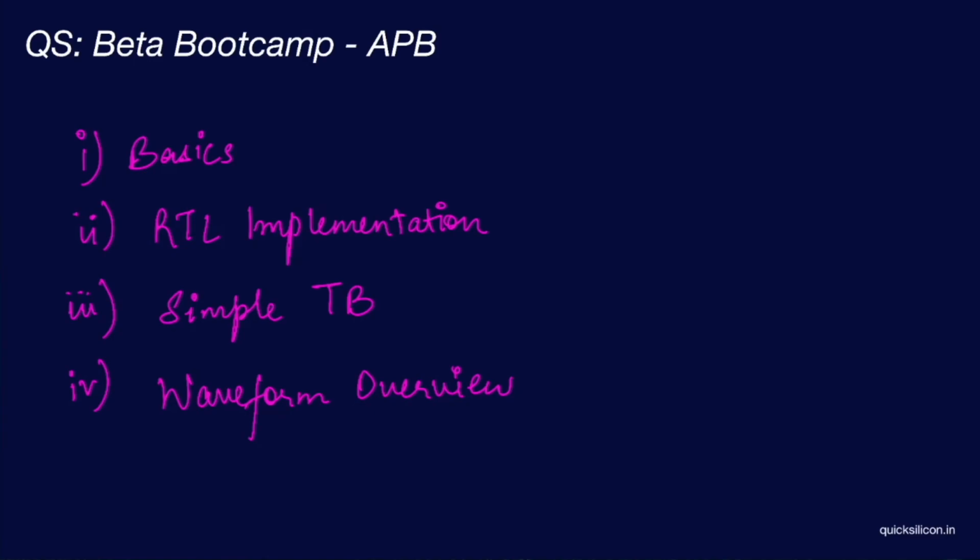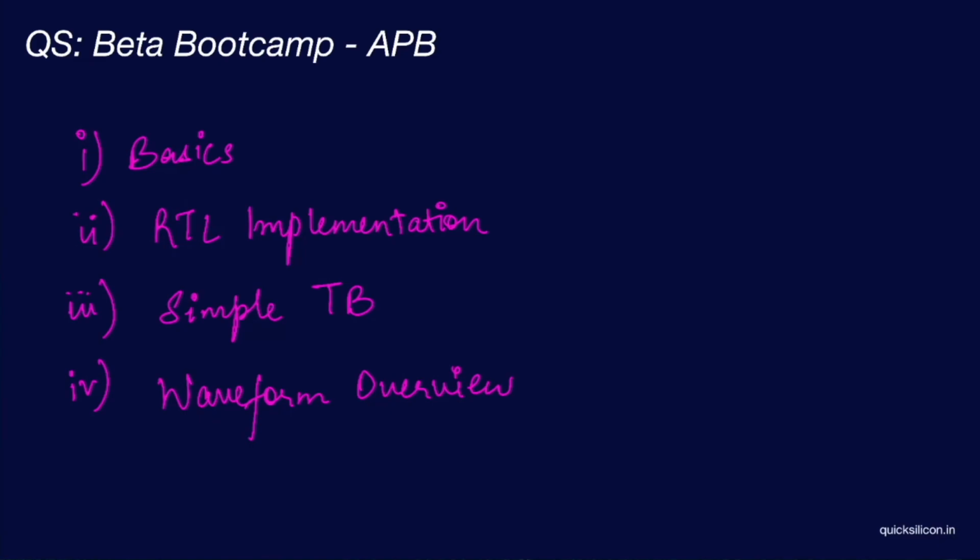We call this the beta bootcamp, and in this particular bootcamp, we'll be covering the APB protocol. The format of this bootcamp will be the same as the previous one. We will first go through the basics: what is an APB protocol, where is it used, what kind of different signals does it contain, and what are the different timing relationships between those signals.